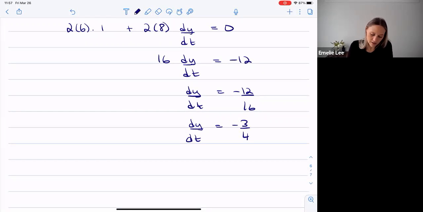Let's tack some units on here, mostly to show off, right? What are our units for y? Our units for y are still going to be in feet because it should match our x and the length of our ladder. And time is in seconds. So this is going to be feet per second.